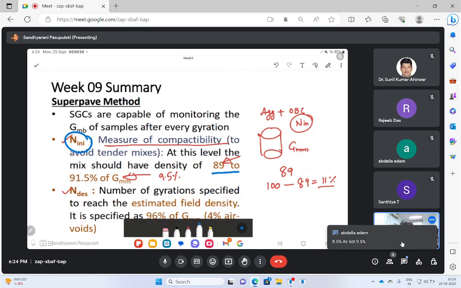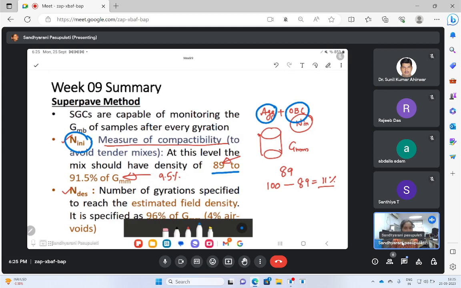So any mix should satisfy this 89 to 91.5% of GMM. What if it is not satisfying? What do we change? I have chosen particular aggregates and binder content. I have prepared the mix. Then I have seen that my air voids are not within 89 to 91.5, that means my air voids are less than 89% or more than 91.5.